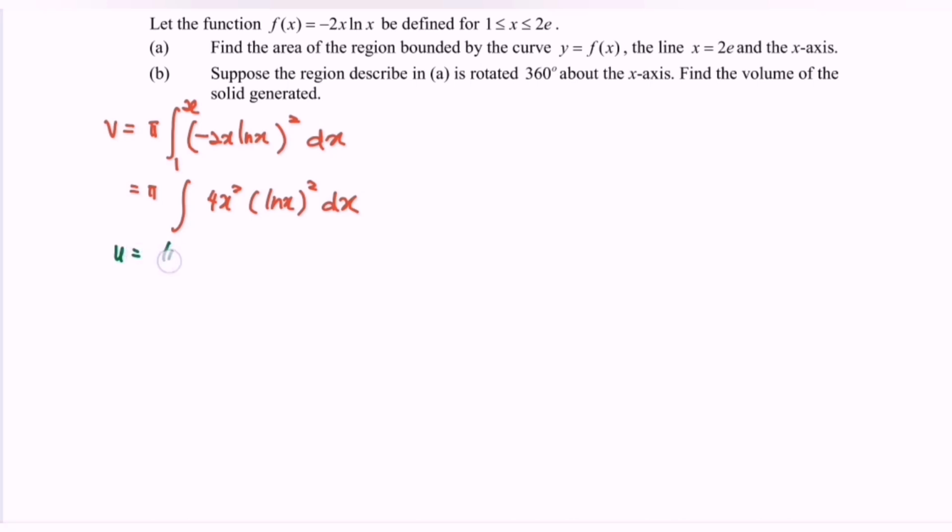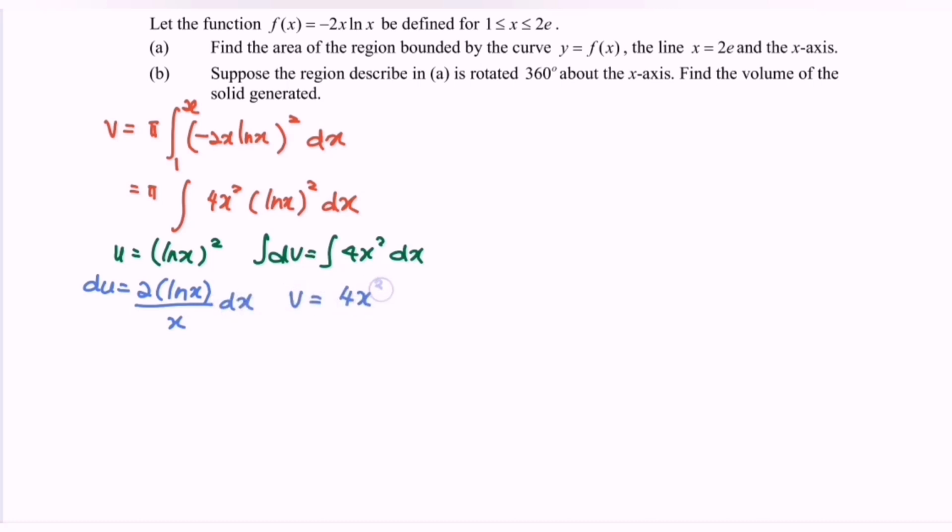So here we have u equals ln x bracket square, dv equals 4x square with respect to x. So one is integrate, another one is differentiate. So du is 2 ln x, differentiate the ln x, and we have x, and then dx. v equals 4x to the power 3 over 3. Kindly substitute into the formula.